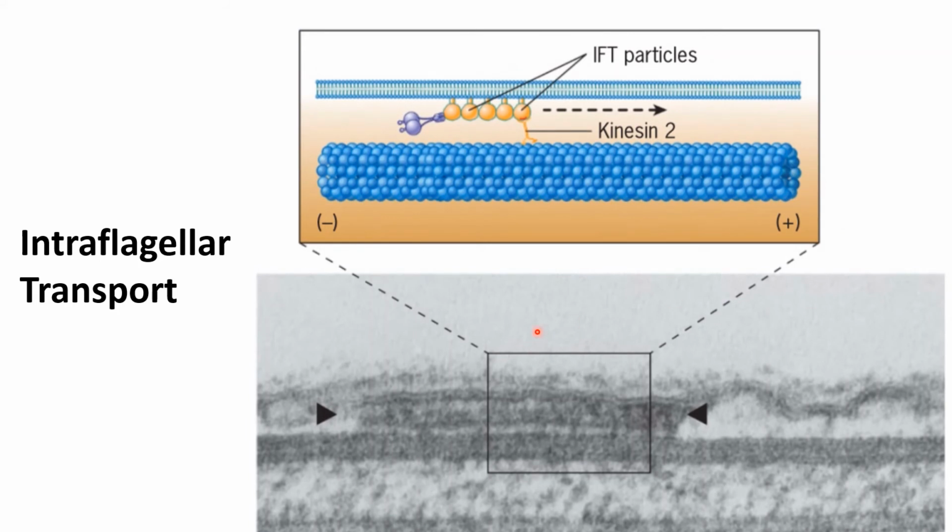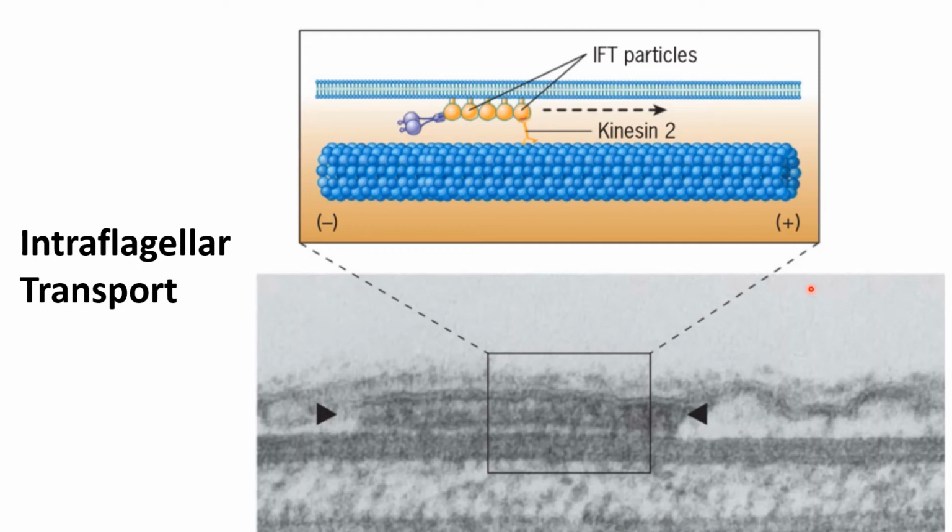So we can see here, for example, the intraflagellar transport of vesicles moving towards the positive end, meaning towards the tip of the flagellum, because the cell is at the negative end. It's the kinesins walking along the microtubule that carry these vesicles towards the positive tip.